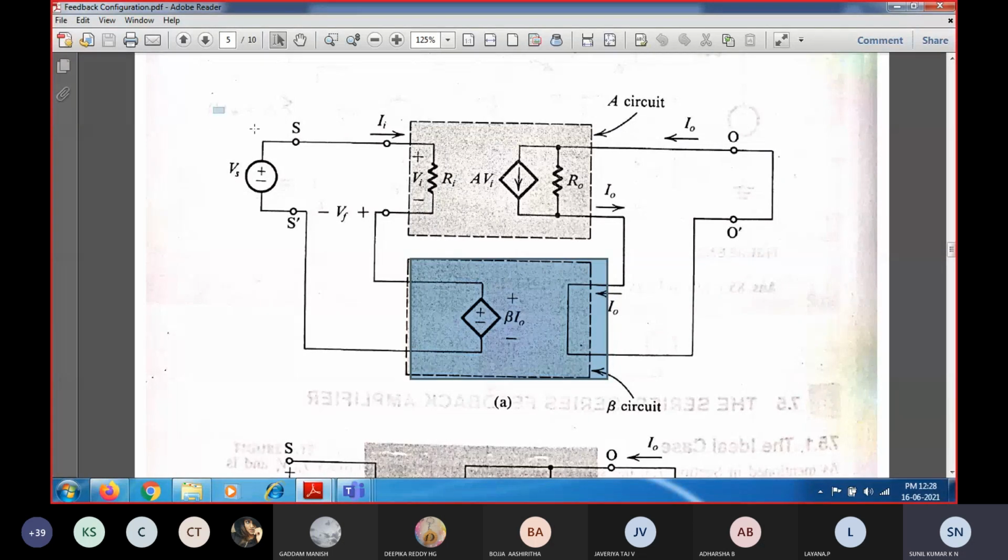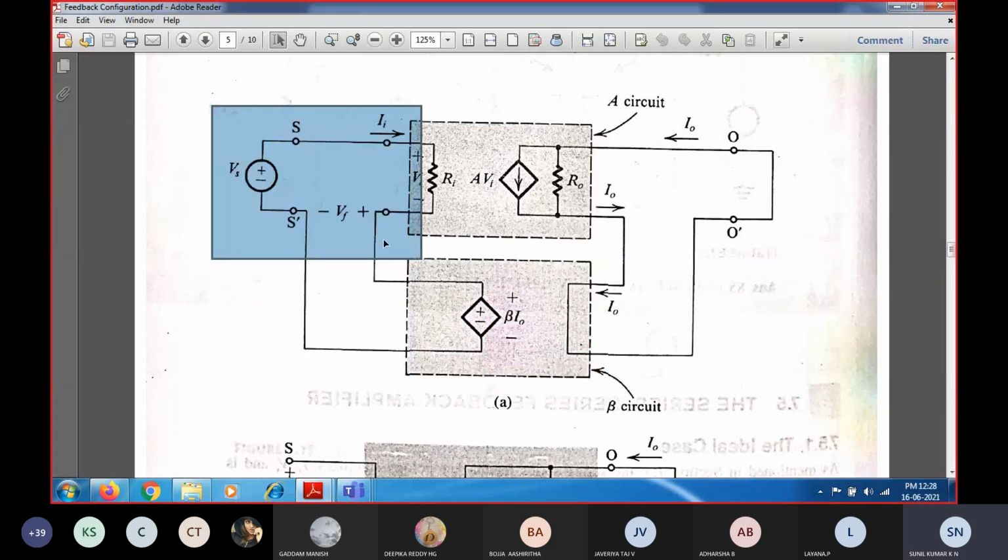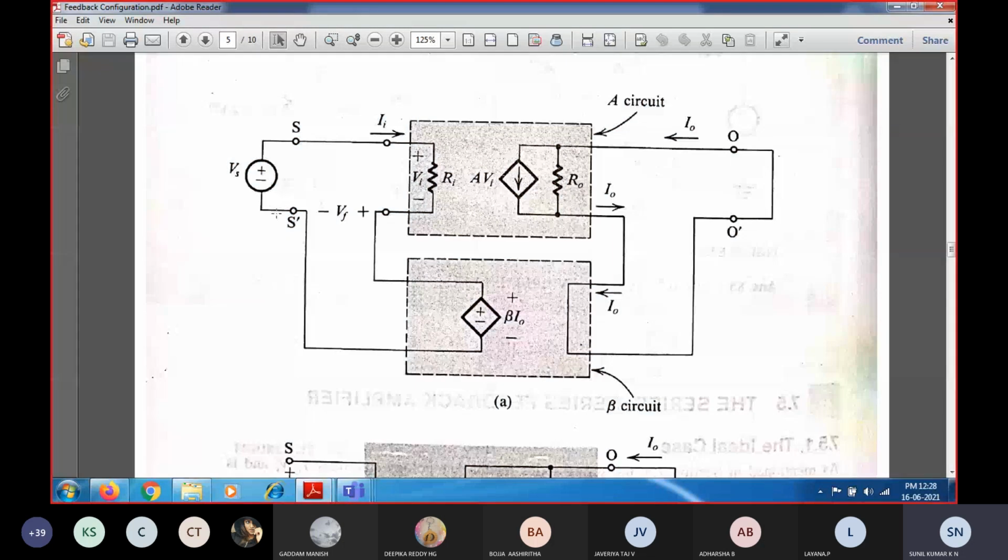Now we are not going to derive again for the case of Rif. So Rif, again you can see this is the side where you are going to see the input resistance with feedback. So input resistance with feedback Rif will be equal to Vs divided by Ii. Ii is nothing but Vi by Ri.